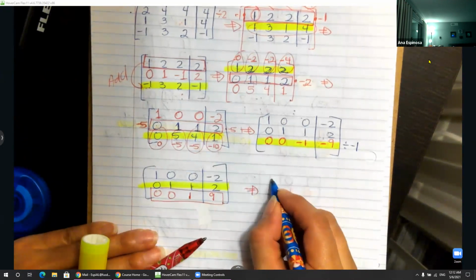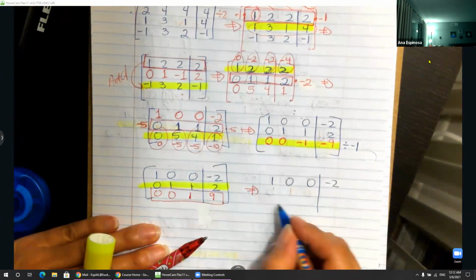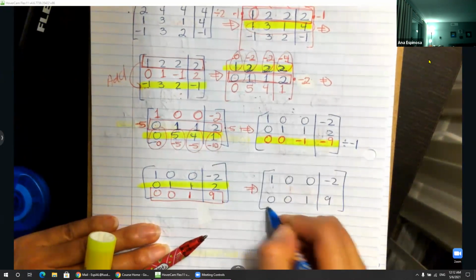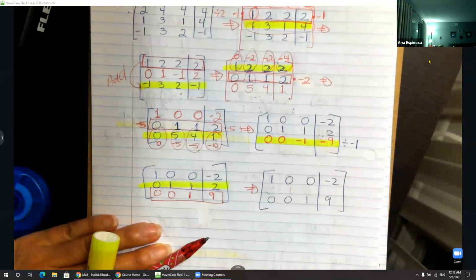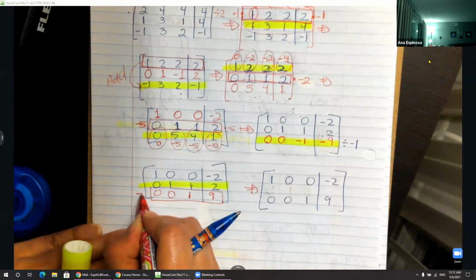I'm going to keep the top one, 1, 0, 0, 2. Keep the bottom one, 0, 0, 1, 9. I think I might have made a mistake somewhere. See, these are hard to find the mistakes. Let's check. So anyway, multiply this by -1.